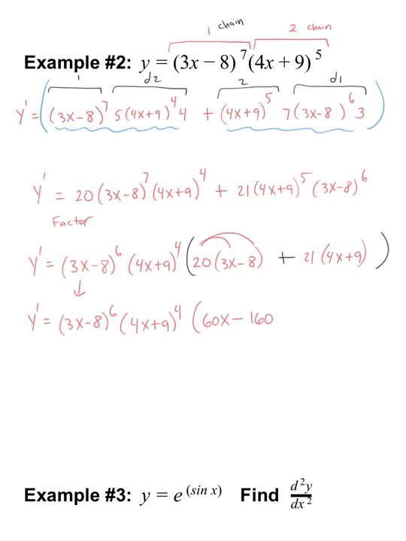Now I keep going. That plus sign comes down. And well, I have to distribute. So 21 times 4 is going to give me 84x. And then this is going to give me 21 times 9, which is 189. All right, so the last thing to do right here is add like terms.